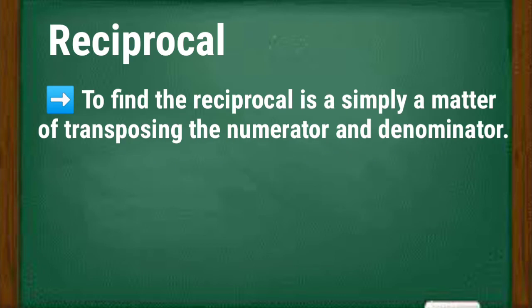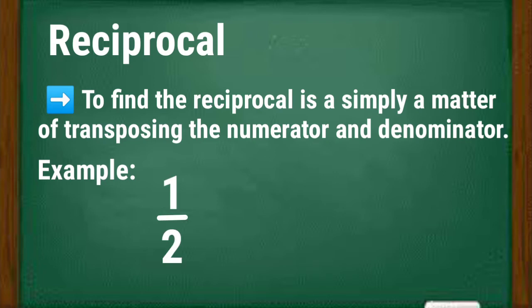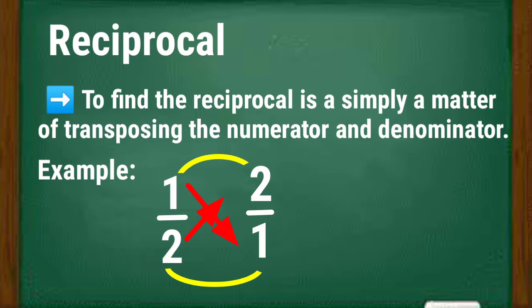To find the reciprocal is simply a matter of transposing the numerator and the denominator. Example, 1/2. How do we get the reciprocal of 1/2? You will just simply interchange the numerator and the denominator. So the reciprocal of 1/2 is 2 over 1, or 2, because when you multiply the two fractions, the answer is 1.